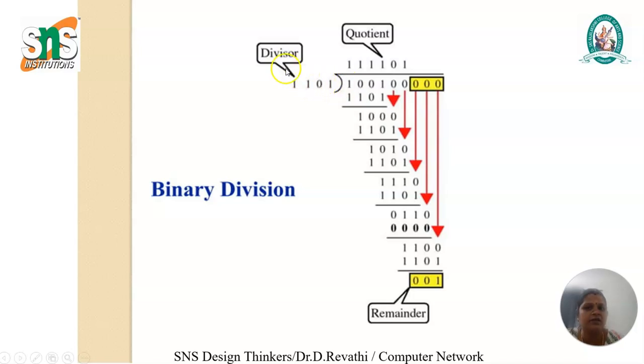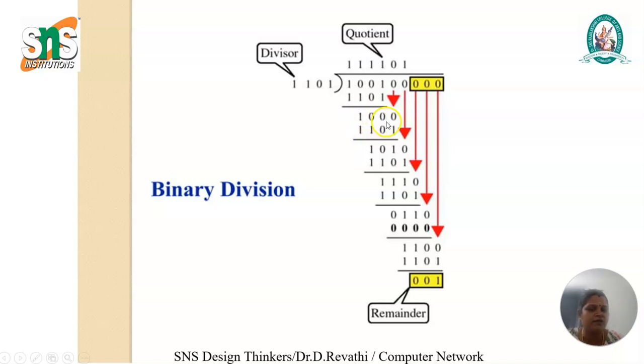The first time, we divide by 1101. 1 minus 1 is 0, 0 minus 0 is 0, and here it is 0 minus 1, which we can't do, so we borrow 1 from the next digit and it becomes 10. 10 minus 1 is 1.